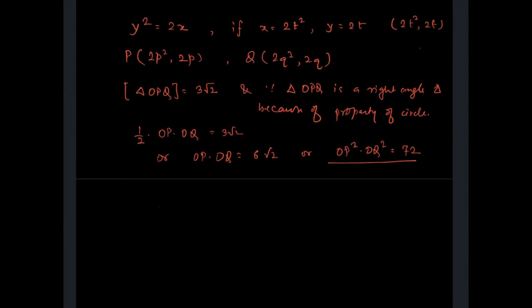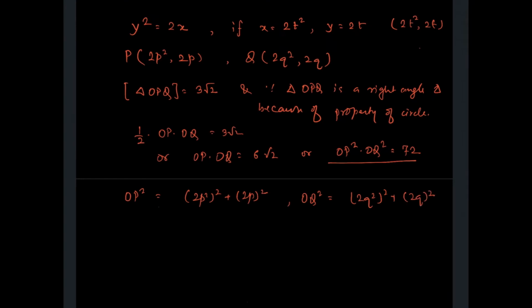Now we will use the distance formula. What is OP square? That is (2p square) whole square plus (2p) whole square. What is OQ square? That is (2q square) whole square plus (2q) whole square.